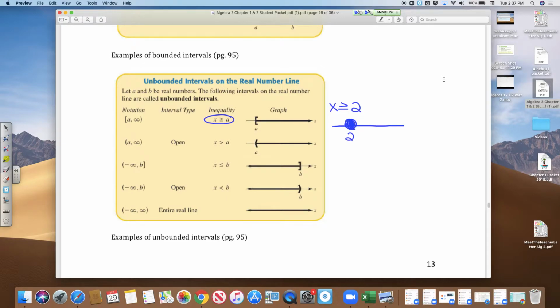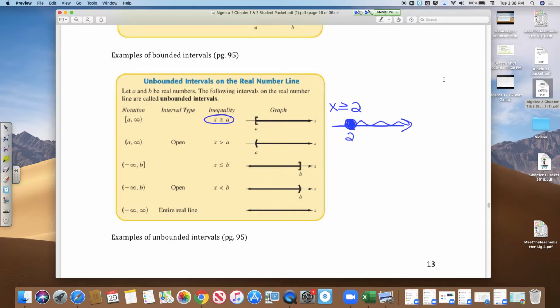Depends on your Algebra 1 teacher and what you've learned in the past. I've always taught closed circles, and the answers would be pointing to the right because that's positive infinity. That would be considered a closed situation since it starts at 2 and goes on forever, which means 2 is a solution, but it goes to positive infinity.